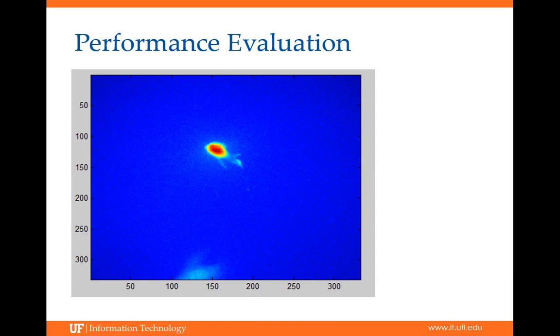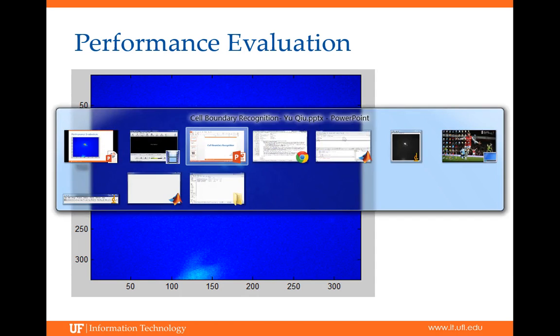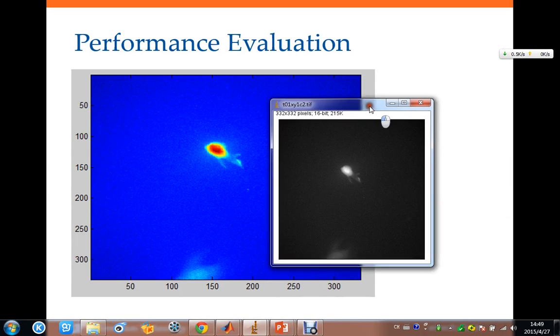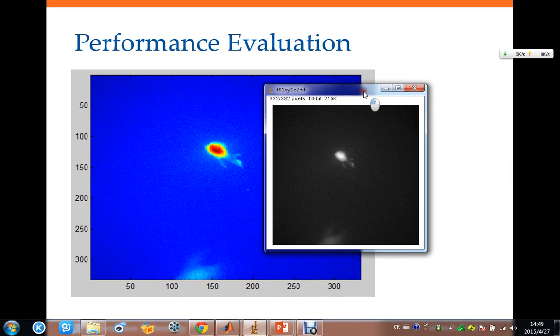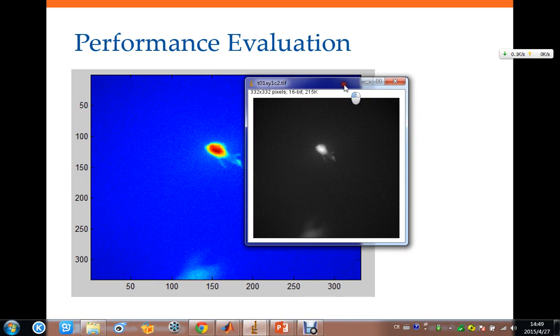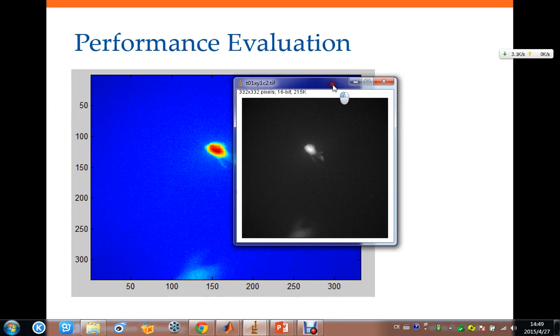I can show you the original picture. Okay, this is the original picture. We can see there's one cell in the middle, and there's a nucleus in the center of the cell. The intensity is pretty high in the middle, and it decreases outside, but it's still higher than the background.